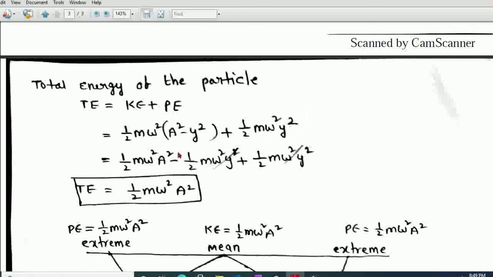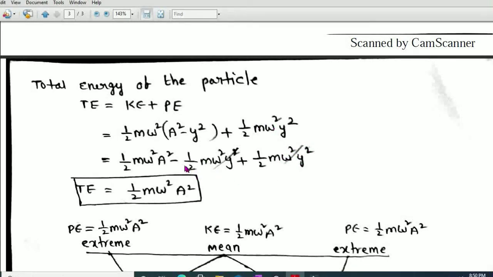Now if you simplify this, for the A square minus y square, we can multiply by half m omega square. If you multiply it, we will get half m omega square A square, one term, minus half m omega square y square. We will get two terms here, plus half m omega square y square, this term as it is we have written.